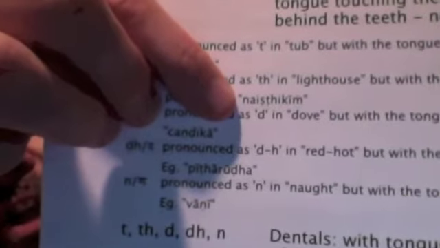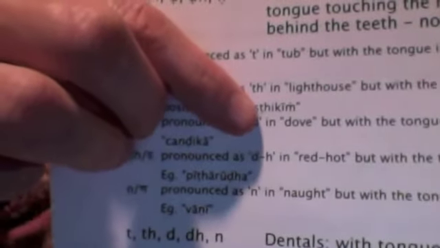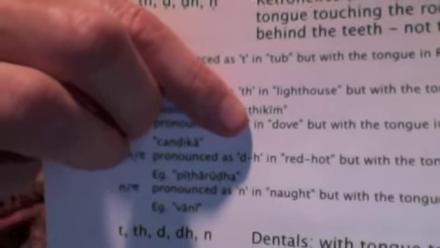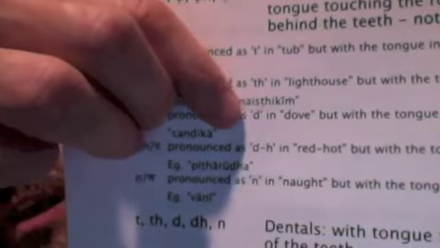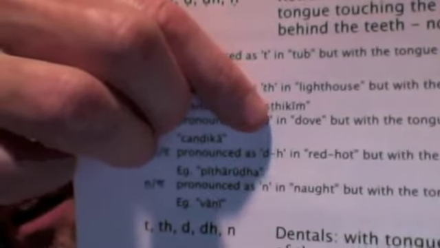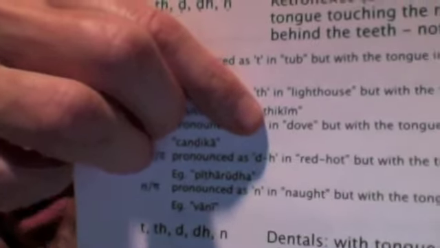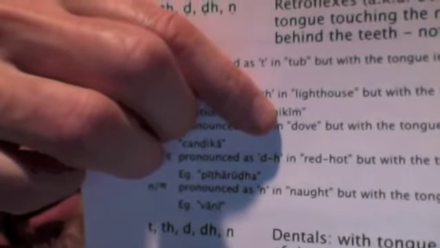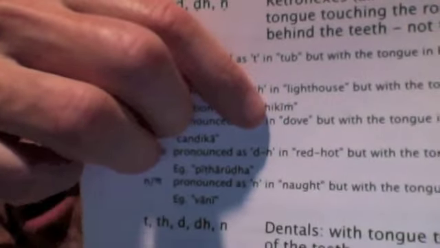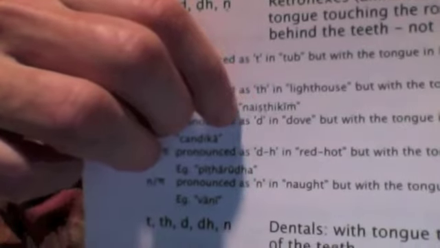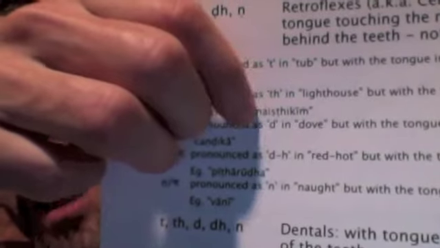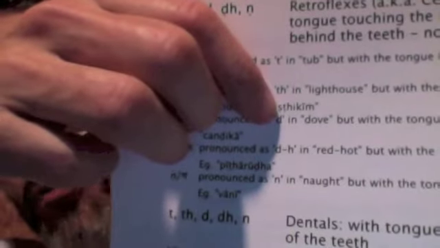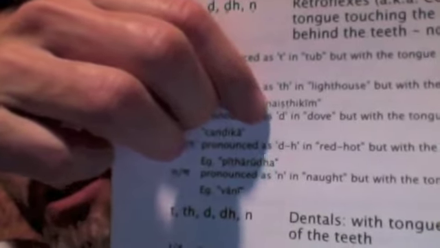And here we get to see this aspirated retroflex t in action. And we also get to hear the difference between short E and long E, all this within the same word here. We haven't learned yet how to say the S with a dot underneath it, but we'll get to that in a moment. Naishtikim.